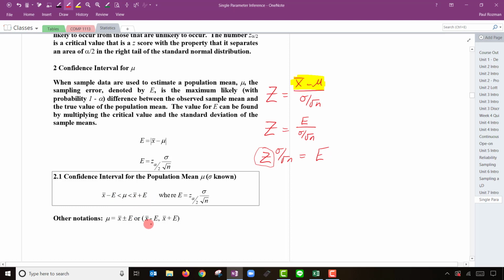You can write your intervals in interval notation as we would in math, lower bound and upper bound. And typically, I think the most common way I see them written is with plus or minus. When you watch the news on TV or a news clip on the internet, you'll see them say, well, in a recent poll, 78% of Vancouver residents approve of more bike lanes in the city.